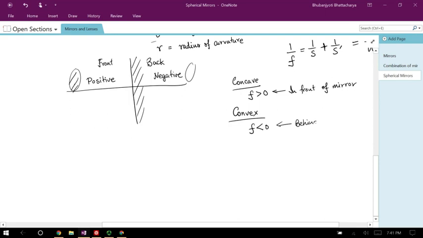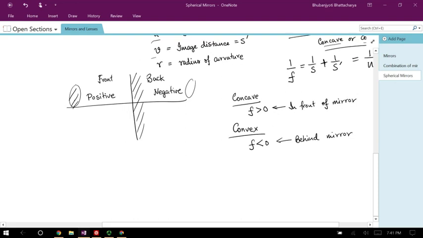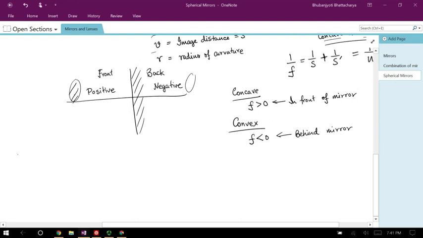Once this idea is clear to you, you will see that problem solving becomes really easy. So let's do an example. If I give you a concave mirror, f is equal to 1 meter.